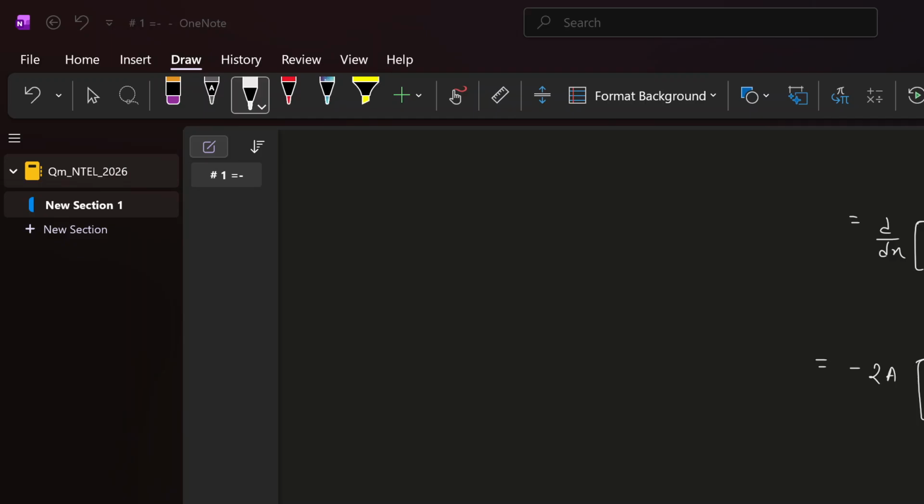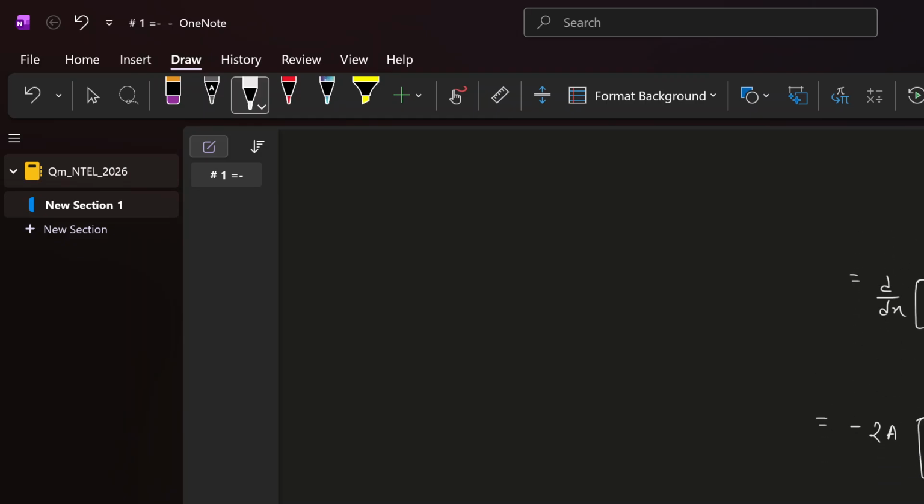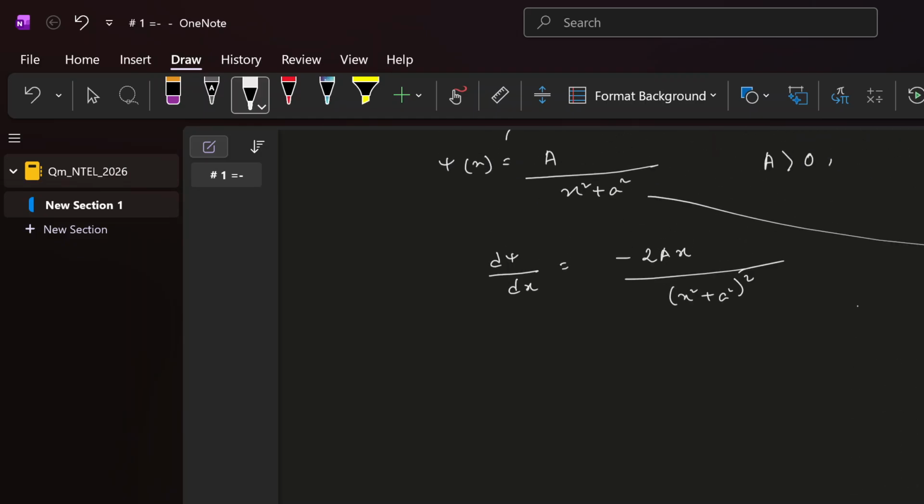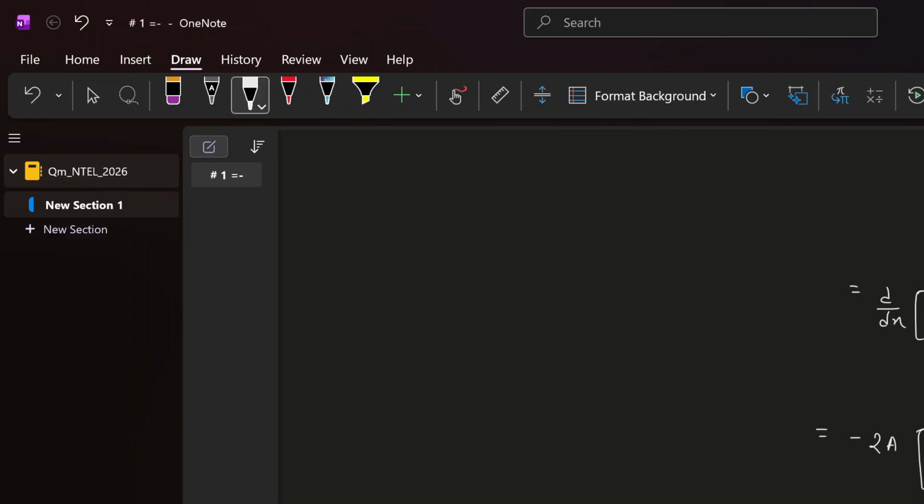Okay, so we are in the middle of solving problem number 1 in this tutorial. Let us continue. I was taking the second order derivative on psi to get d2 psi by dx2. Continuing, minus 2a. Then you first take the derivative on x, so this is 1 by x squared plus a squared whole squared, and then you also take the derivative on the x squared plus a squared term.